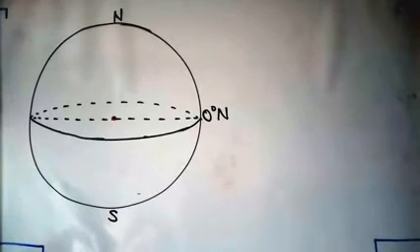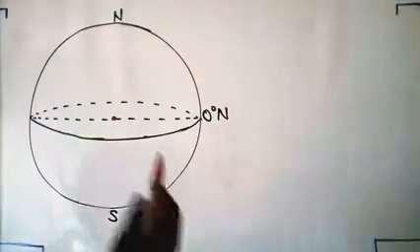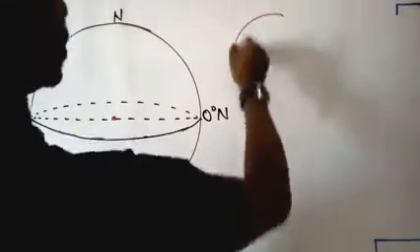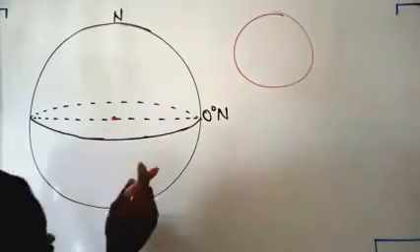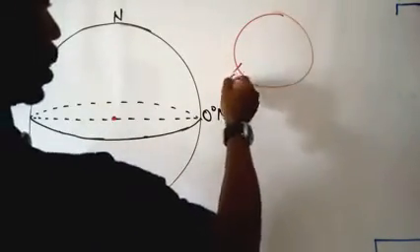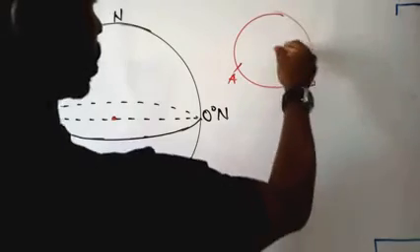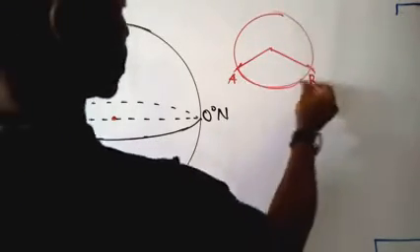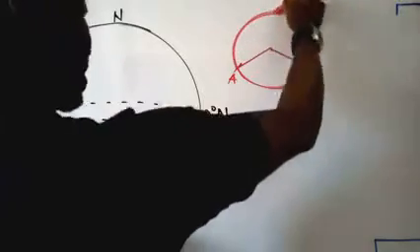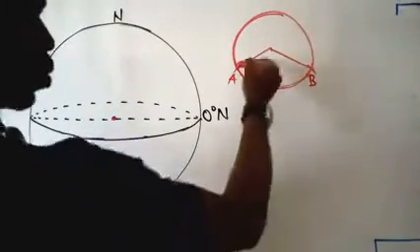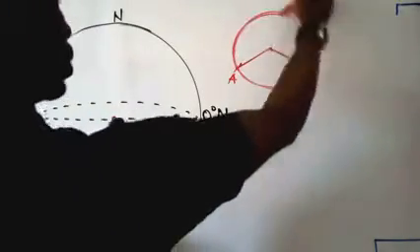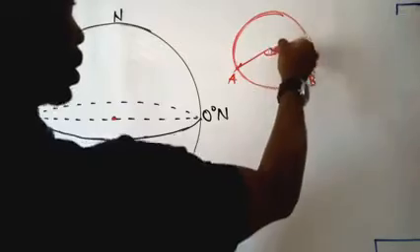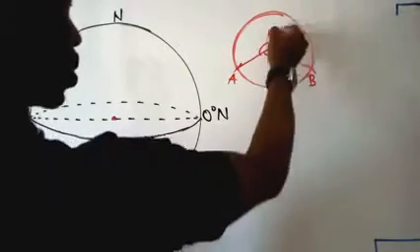I would like to say something before I solve the next question, and I want us to pay attention. Anytime you are asked to find the distance between any 2 points, say there is a point A and another point B, and this is my center, this is the distance between the 2 points. This is also the distance between the 2 points. I could either go this way or the other way. This is the angle theta. You can also call this one theta or beta, whatever you want.